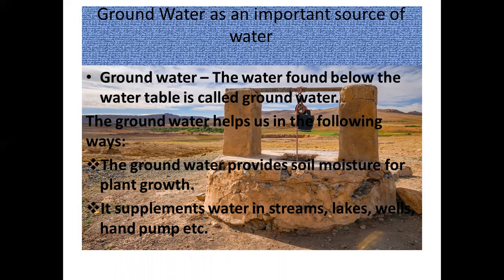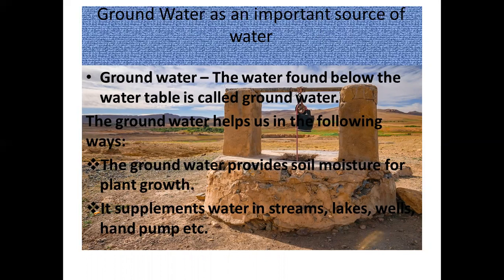One draws the water you get from direct sources, and the other is called submersible, which we put into the groundwater to draw it out. So that is a very important source of water, and whenever there is scarcity of water, we take the groundwater. The water found below the water table is called groundwater, and it is really very, very important.